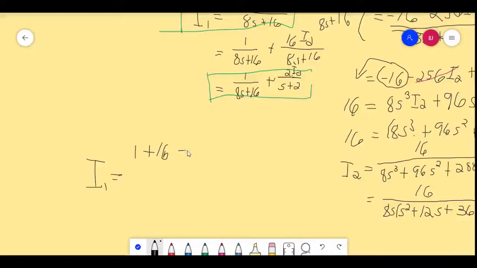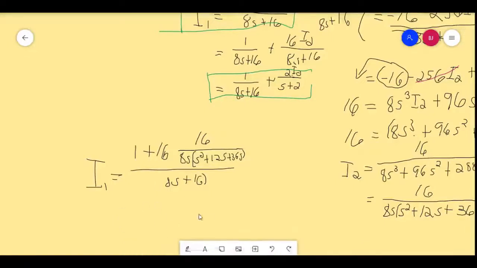So what's that again? 16 over 8s times s squared plus 12s plus 36, and then at the bottom we have 8s plus 16. So we multiply this and separate them out. It's something like this, technically.